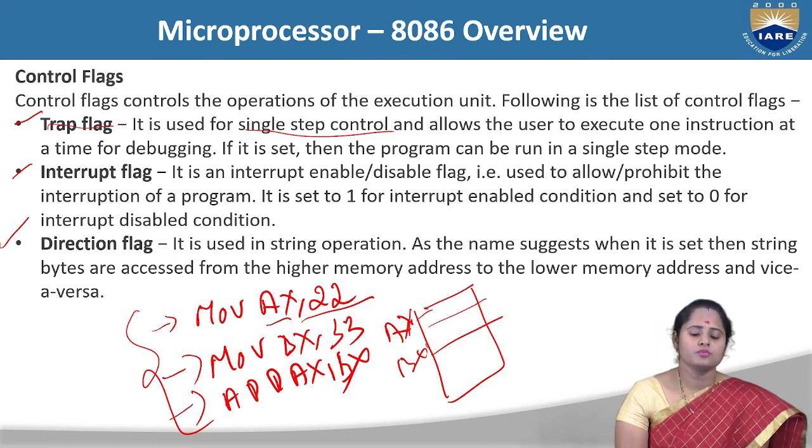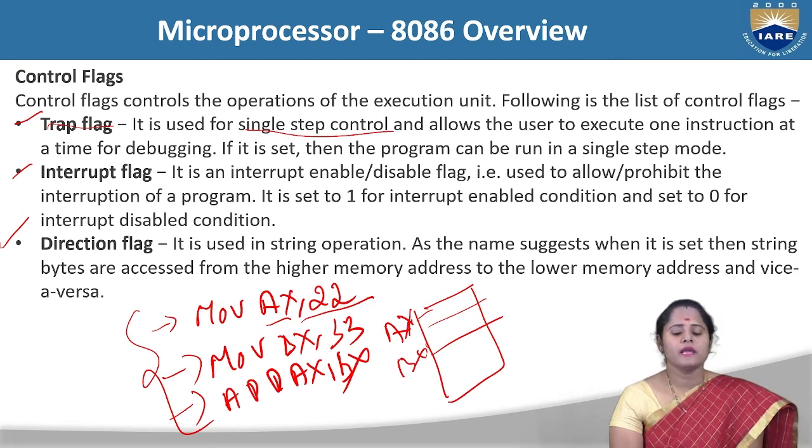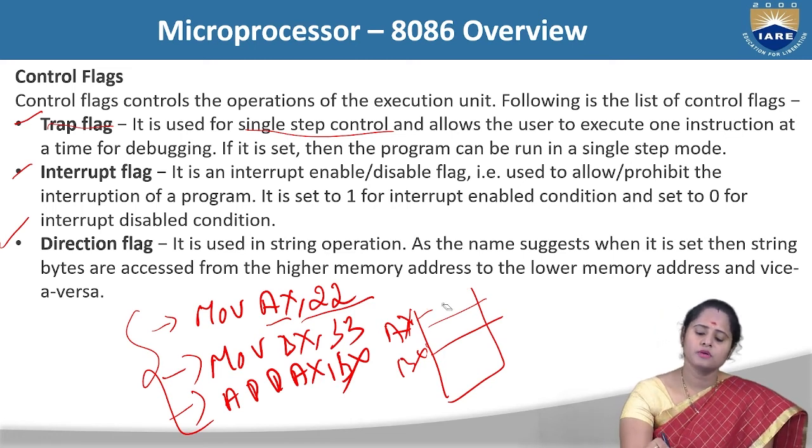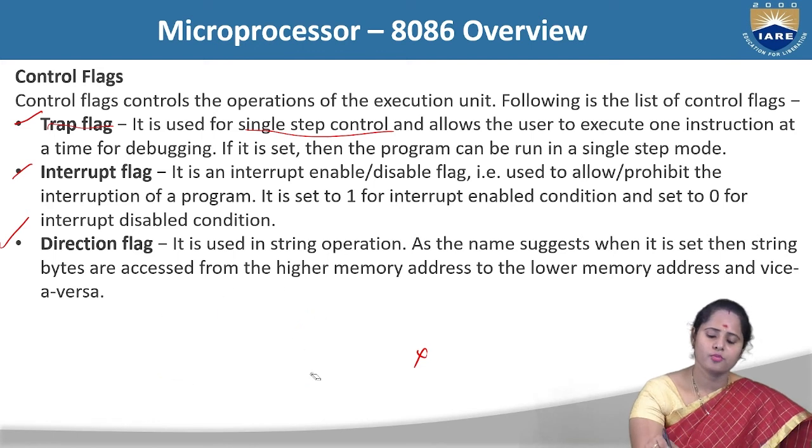So next one is the interrupt flag. The interrupt flag is nothing but an interrupt enable and disable flag. So what is an interrupt? An interrupt is nothing but stopping the present execution of my microprocessor.